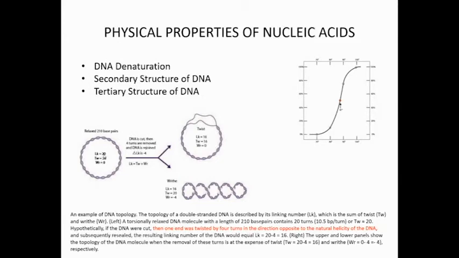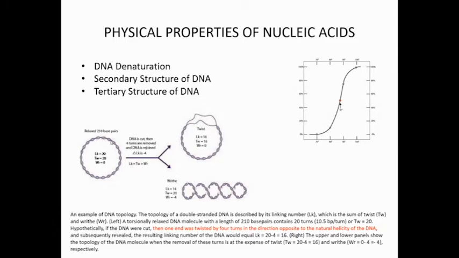So what is the twisting number? The twisting number is how many turns there are, based on base pairs per turn. In this example, we have 210 base pairs.